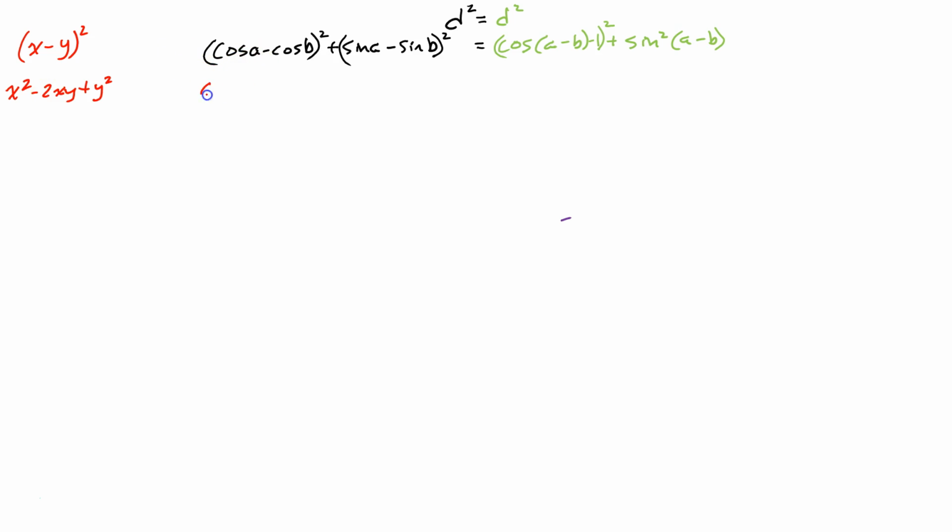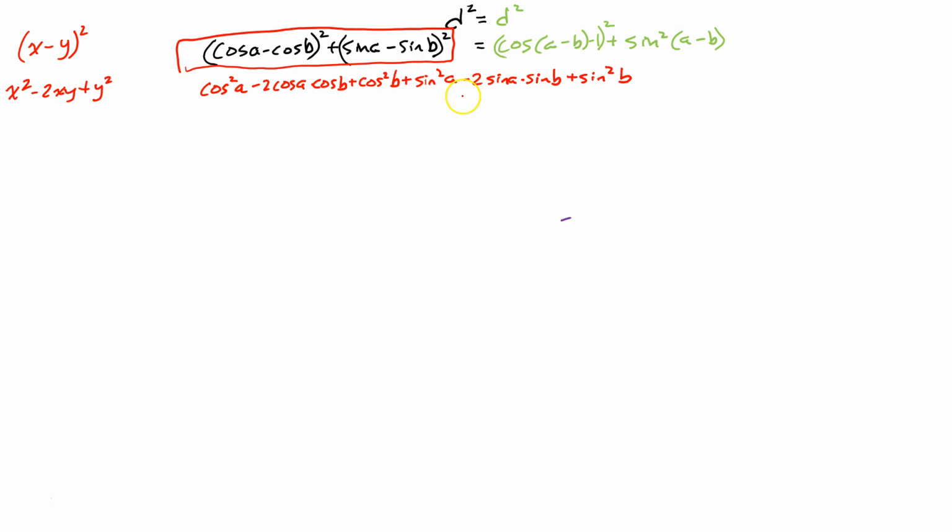We'd actually have cosine squared A minus 2 cos A times cos B plus cos squared B. Okay, and then squaring this, I'd have plus sine squared A minus 2 sine A sine B plus sine squared B. Okay, so that right there is that.